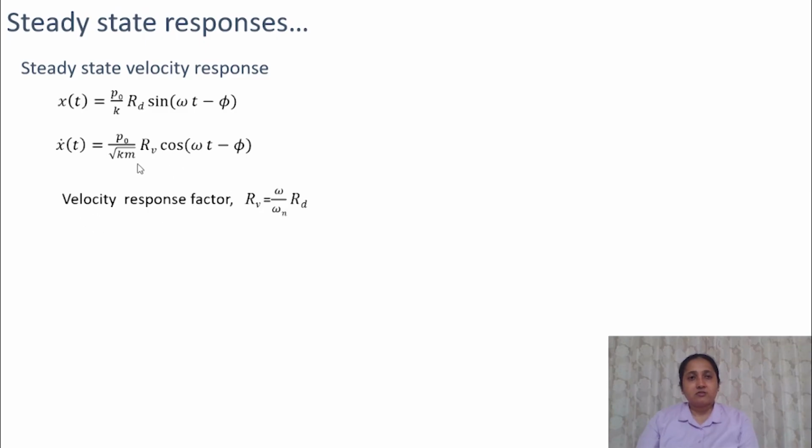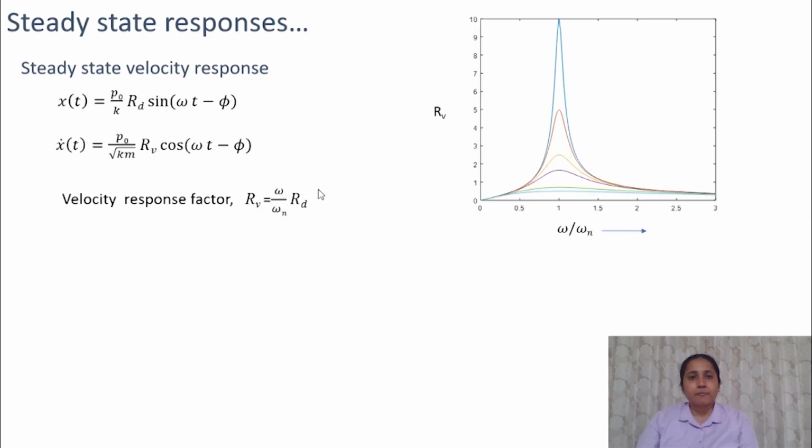And this velocity response factor Rv is the frequency ratio times Rd. So if you differentiate this, you would get this expression with Rv equal to omega by omega n multiplied by Rd.